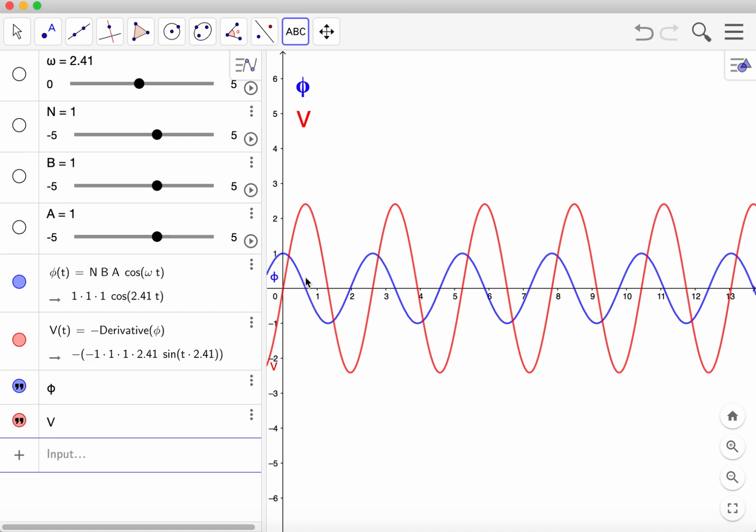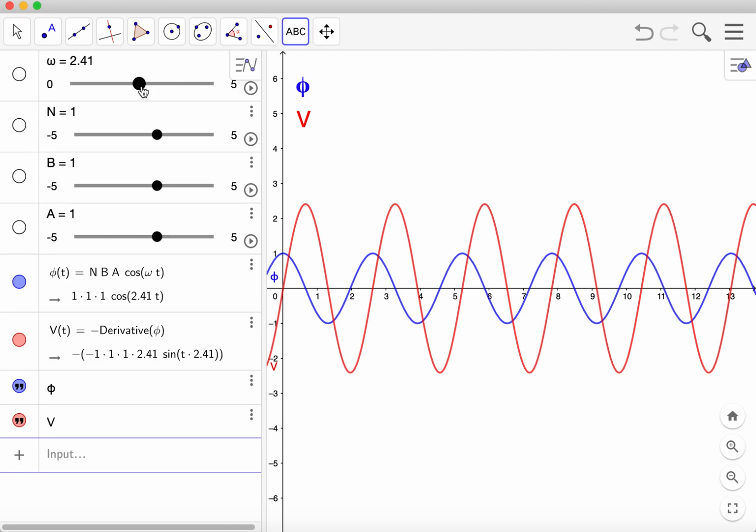But where the graph has a maximum negative gradient for magnetic flux, we have a maximum in the graph of EMF, and where we have a maximum gradient in the graph of magnetic flux, we have a minimum in the graph of induced EMF.